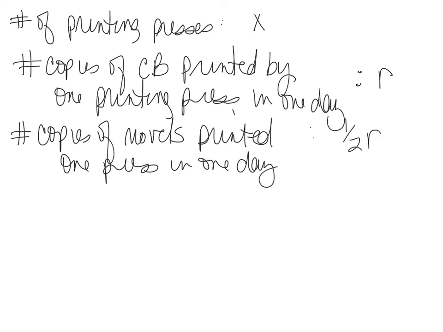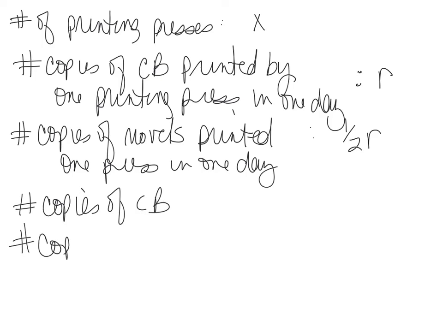That makes sense. And then the number of copies of cookbooks and the number of copies of novels should be the same. Cool? All right, let's write down some expressions.